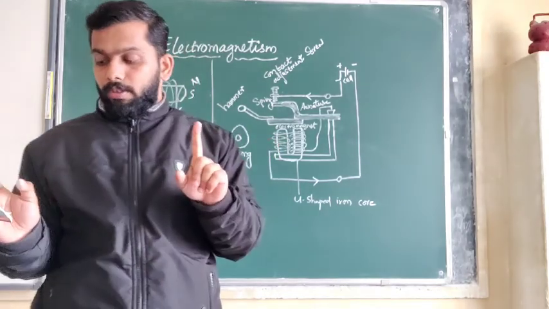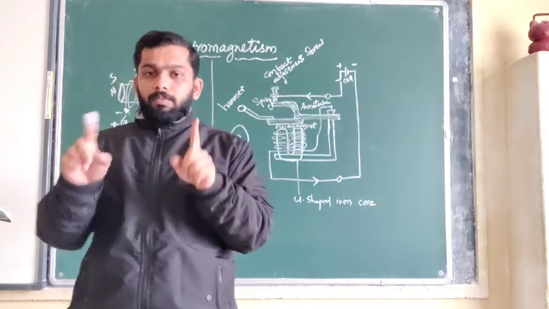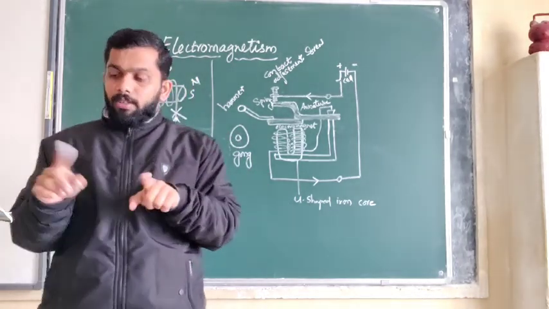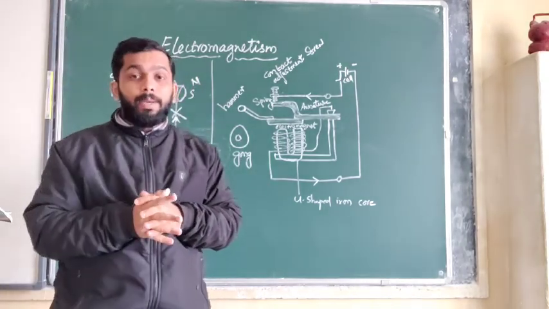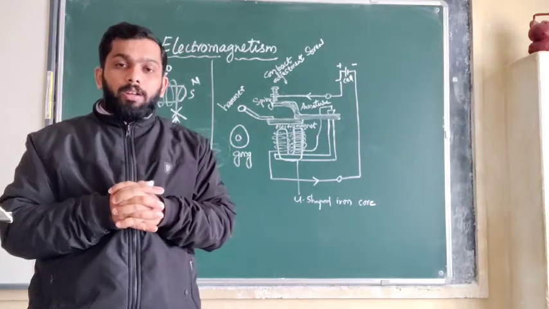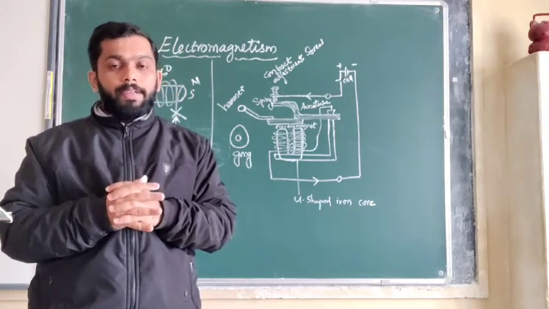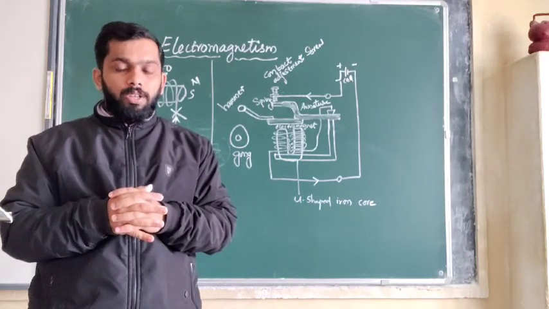Yesterday's homework you have written. What is meant by electromagnetism? I told you to mark that one. What is the function of the contact adjustment screw in an electric bell? On page number 90, in the box, it is given. So go through your textbook, read well, and complete the homework. If there is any doubt, you can contact me.